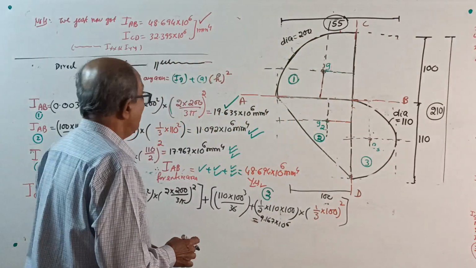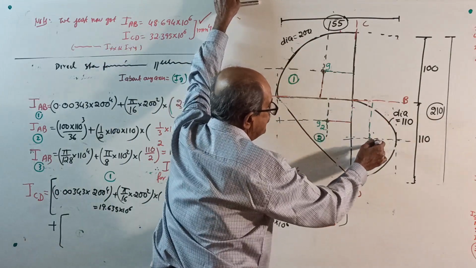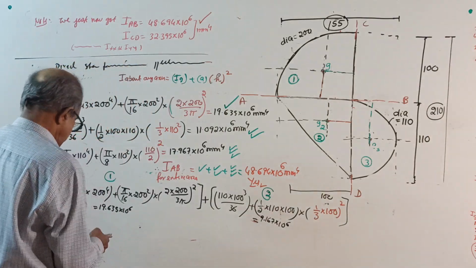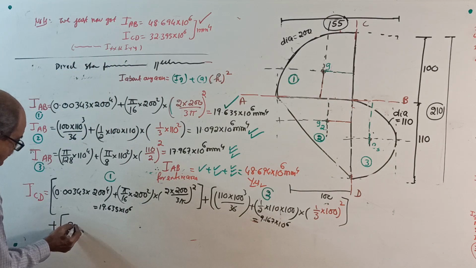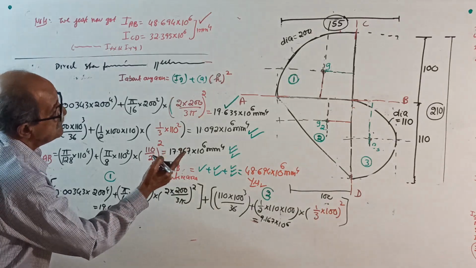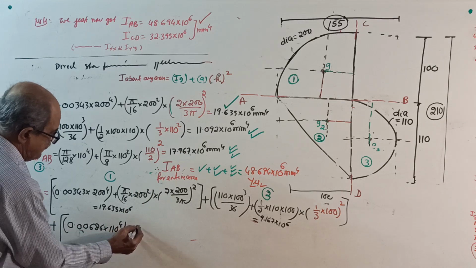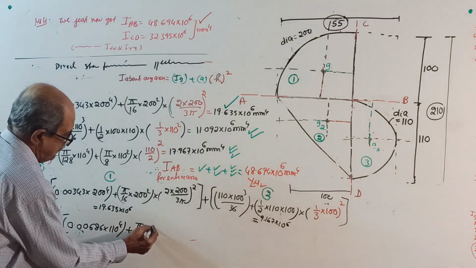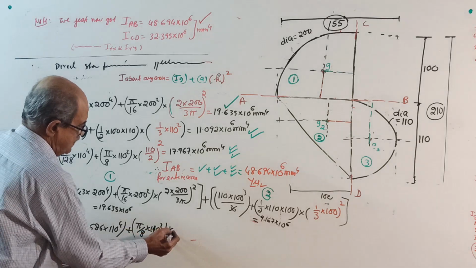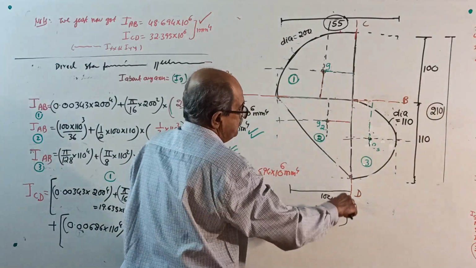Okay, plus. Start here. I about its own centroidal axis. See, not symmetrical. So, semicircle is 0.00686 into diameter, how much? 110. 110 power 4, Ig, plus pi by 8 of 110 square is the area, into from centroid to CD.